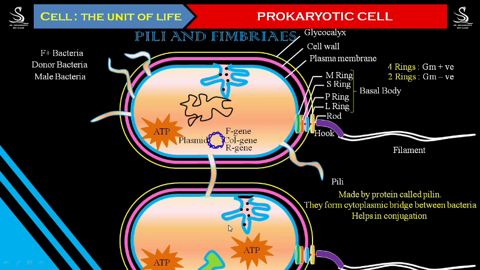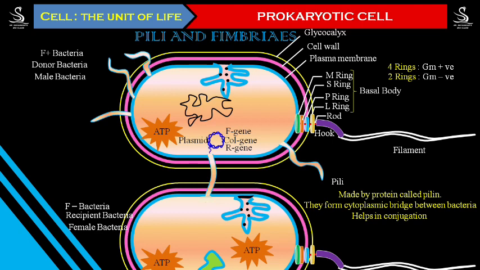By that time, the extra genomic DNA, plasmid, or the host genome DNA is transmitted into the other bacterium. It is called an F minus bacterium or recipient bacterium, or we call it a female bacterium.